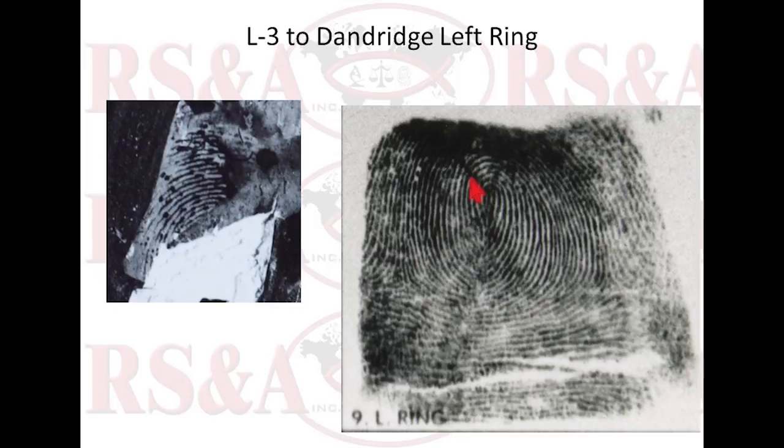But if that were to occur, then maybe that could be this feature over here in the latent. And that's a lot of ifs, and in fact those ridges appear to be continuous in the known print to me. But anything outside of that, it completely falls apart. And so L3 is also an exclusion to Dandridge's left ring.